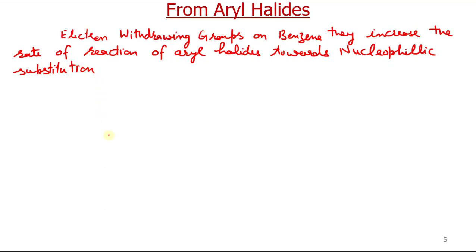Now suppose we have para-chloronitrobenzene, this chloro nitro compound. This nitro group is an electron withdrawing group, so it will increase its rate of reaction towards nucleophilic substitution.